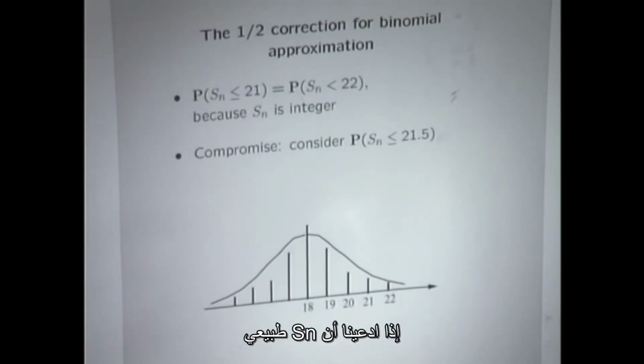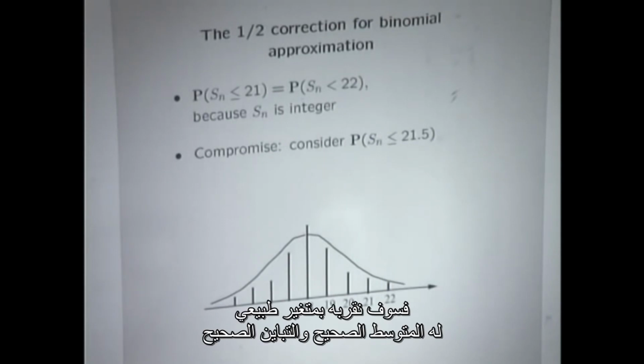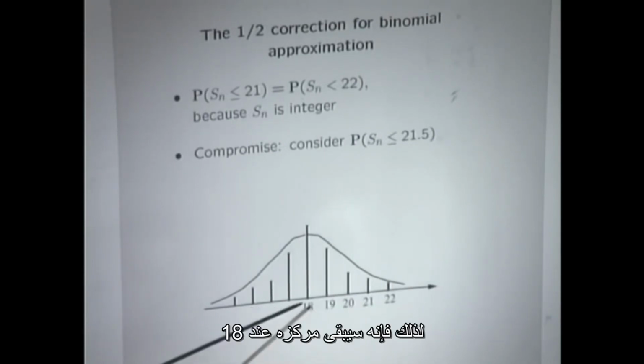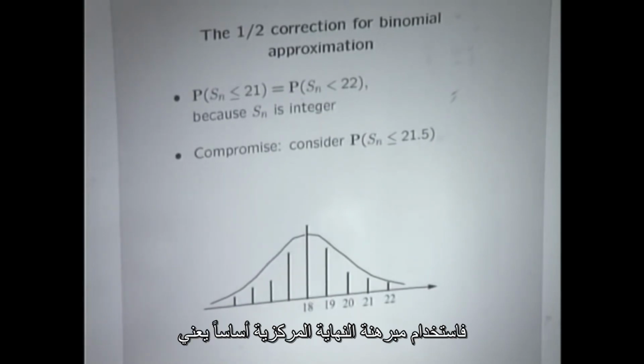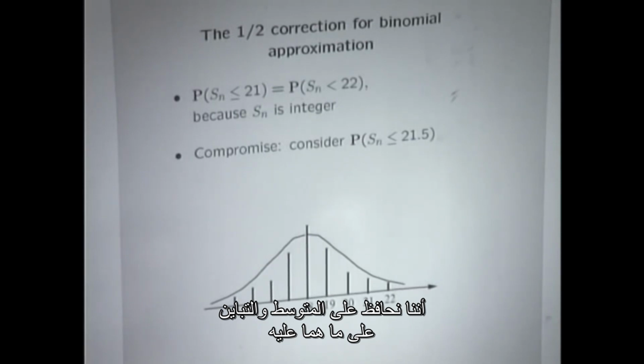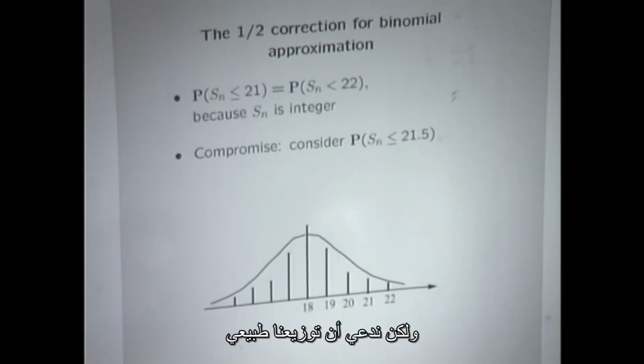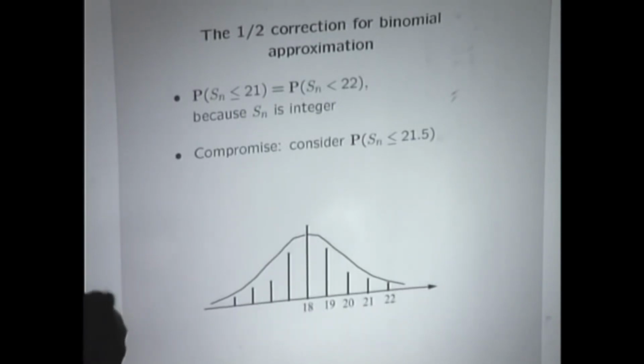If you were to pretend that Sn is normal, you would approximate it with a normal that has the correct mean and correct variance, so it would still be centered at 18, and it would have the same variance as the binomial PMF. So using the central limit theorem essentially means that we keep the mean and the variance what they are, but we pretend that our distribution is normal.